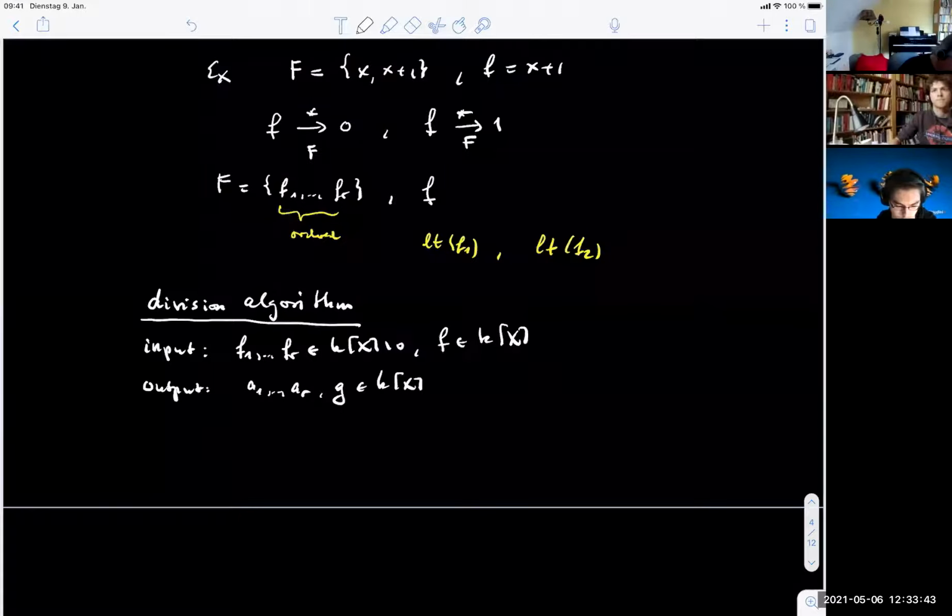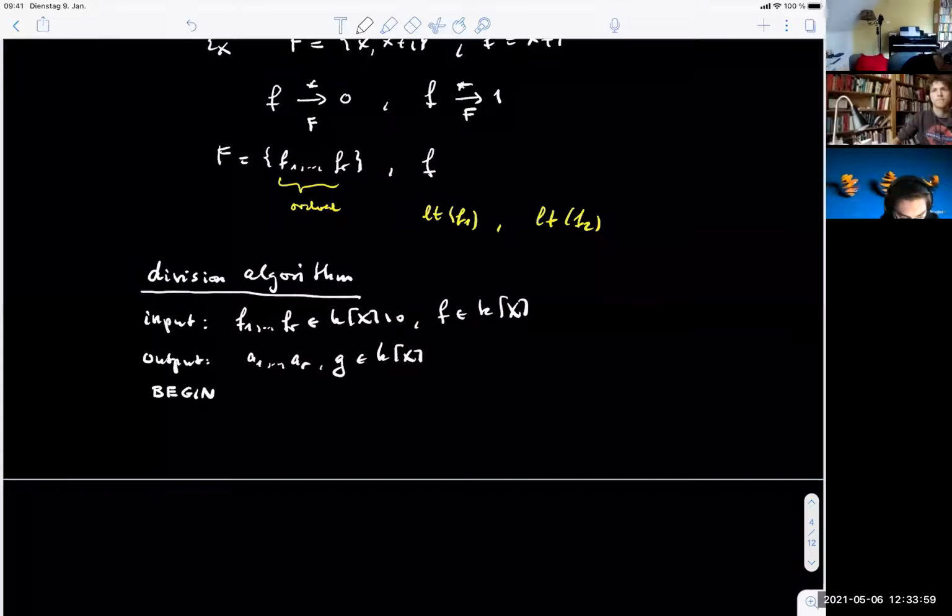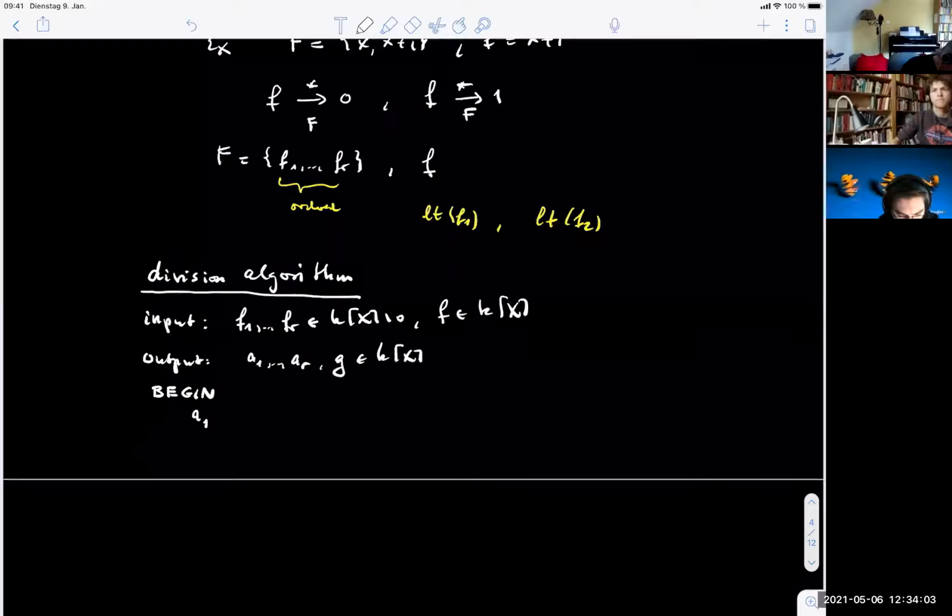So the question is which programming language to use. It's not defined, but you will understand. Let's begin. I initialize: A1 up to AR are local variables, assigned the initial value 0, and G as well. This is initialization.